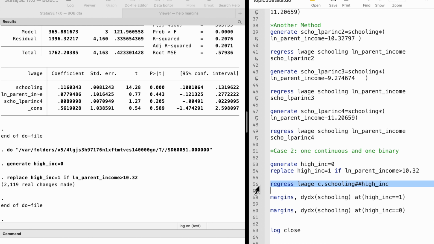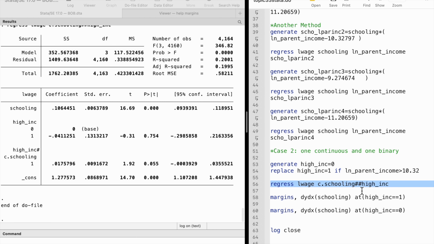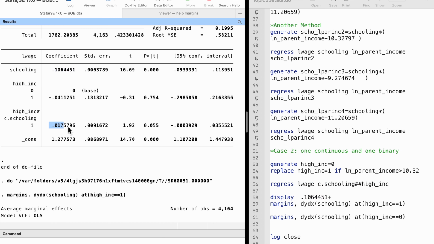In Stata, the double pound sign represents the level terms of the variables and their interaction term. We find that workers from high-income families tend to have a higher return to education.